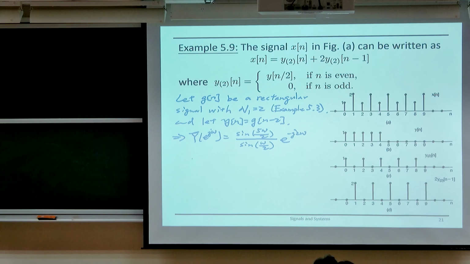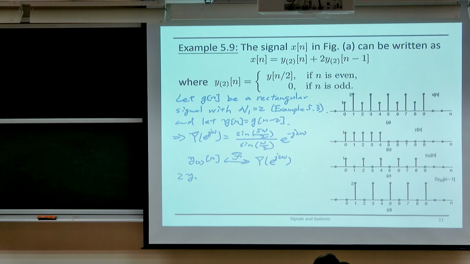And we know that y_2[n] is y[n] stretched out by 2, so it compresses the spectrum by 2. So we have capital Y of e to the j 2 omega.